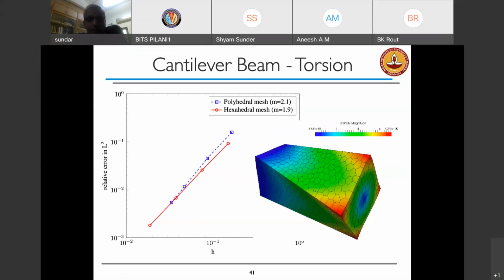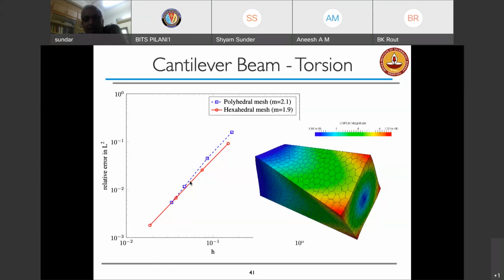What I'm trying to show here is the convergence of the relative error in displacement as a function of mesh size. You can see that the hexahedral element is shown with a red line, whereas the polyhedral element is 2.1. Of course, for this simple domain, hexahedral elements are the best suited, and they give you close to convergence of 2, which is as expected.